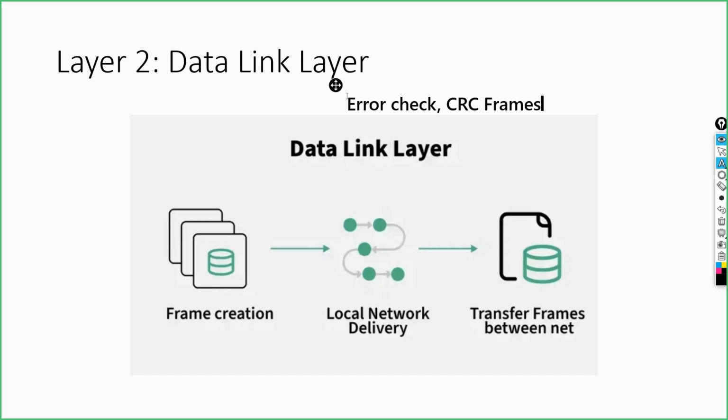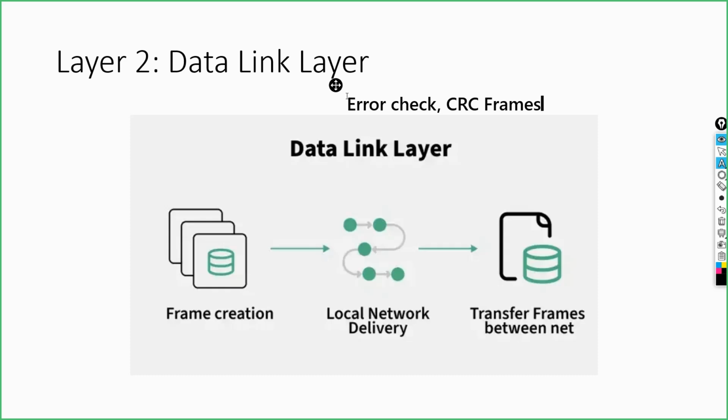So the main function of this layer is to ensure that whatever data is transferred is error free from one node to another over the physical layer. Whenever data is getting transmitted from one node to another, data bit transmission is happening at the physical layer. Whenever that transmission is happening, it is the responsibility of the data link layer to ensure that whatever data is being transmitted is error free. So error check is done over here.